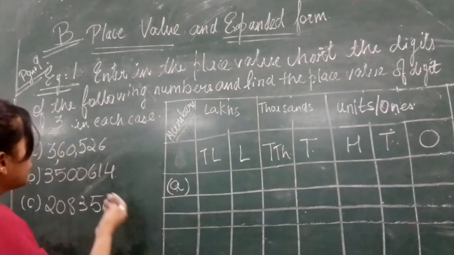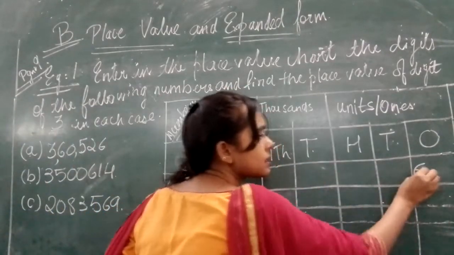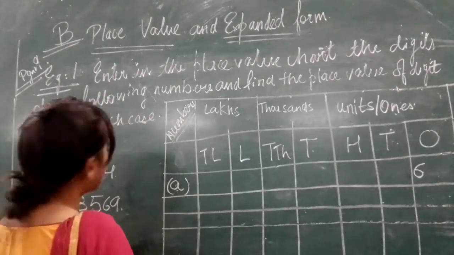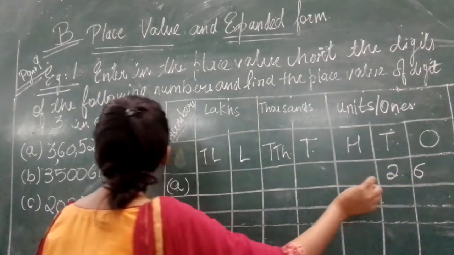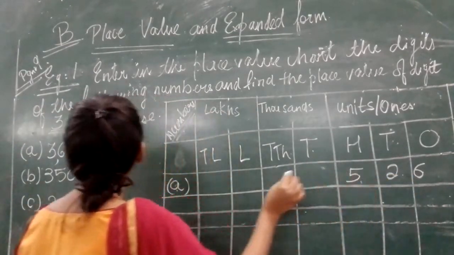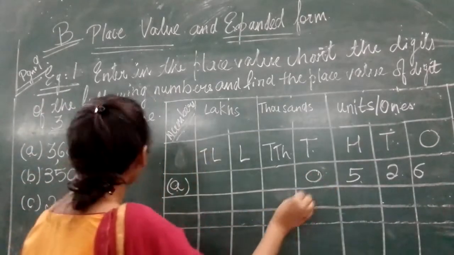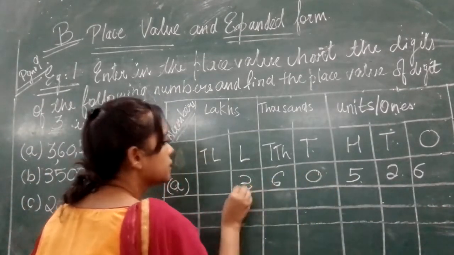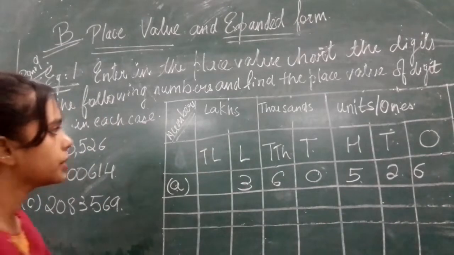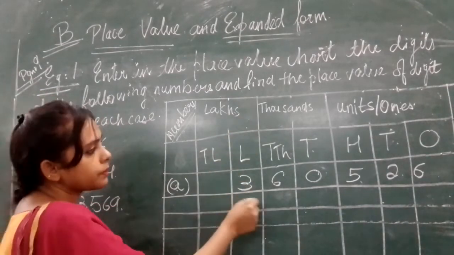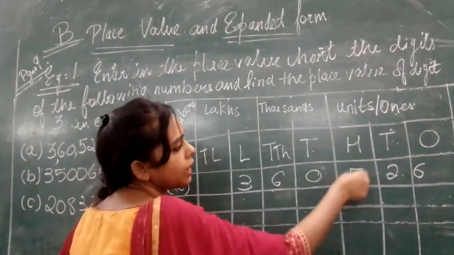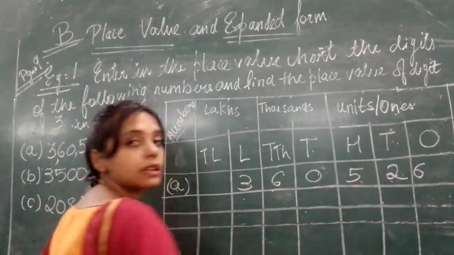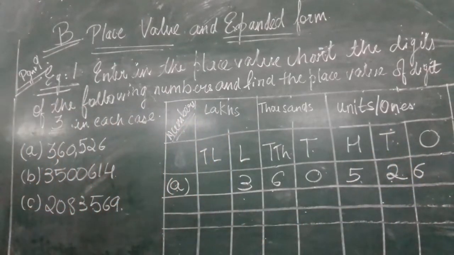It extends from the left. So what is the last digit? 6. Yes. Then it is 2. Then 5. Then the other number says 0. Then 6 and 3. So again, how will you read? 3,60,526. Okay. So now we will do the next one.